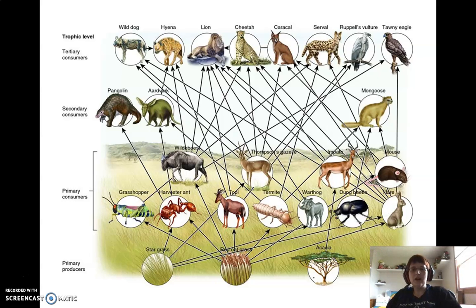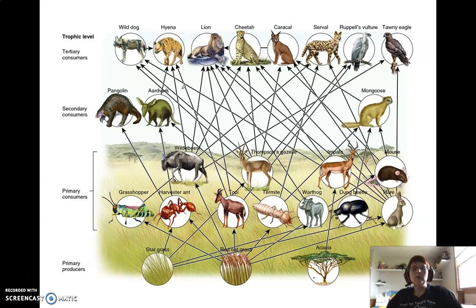Then once you get farther up, it gets more complicated, and it gets a little harder to trace. You have to follow the arrows all the way up. So for example, this wildebeest is actually being consumed, if you follow this arrow, by the serval, but also by the tawny eagle.